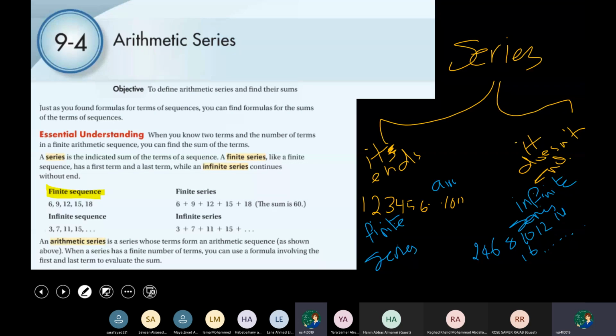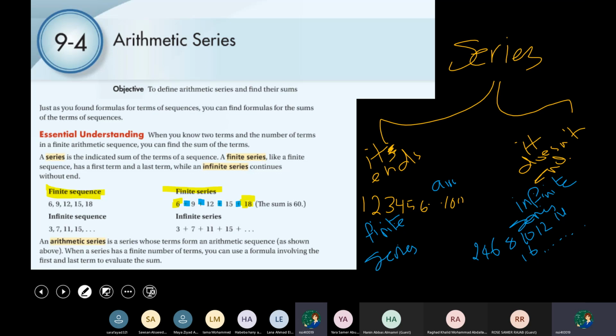But if you're looking now at the finite series, it is finite because it ends. As you see here, the last term is 18 and the first term is 6. And also it has a summation sign between them. What does it mean? That means this is a series.